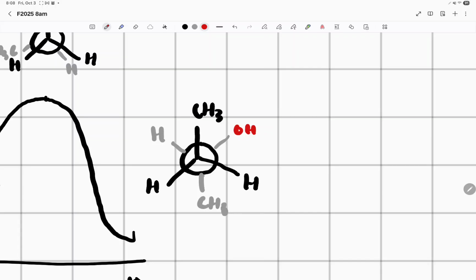That would change our energy landscape, because now this OH is going to start interacting with our groups, and perhaps this OH cares more about being far away from a methyl group than the other methyl group. And so we'll talk a little bit later in lecture how to quantify how much groups want to avoid each other. But keep that in mind, that that is something that we may need to look for in the future. We won't always just be looking at these simple carbon chains.